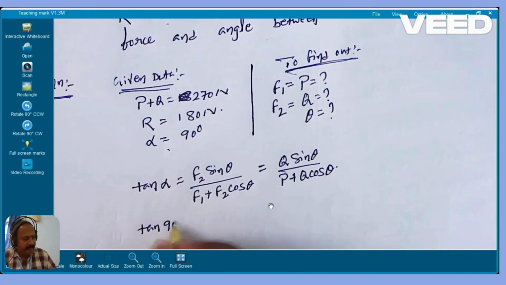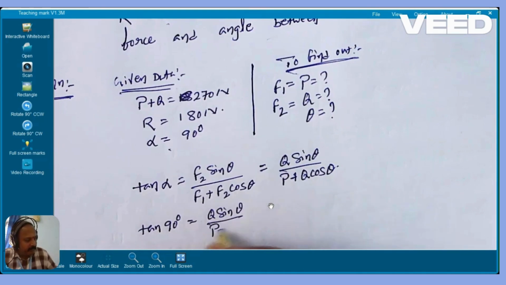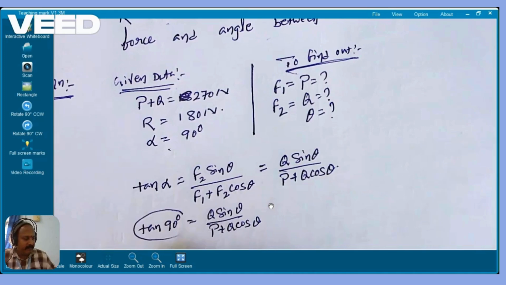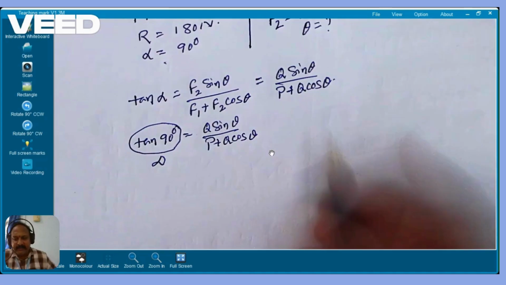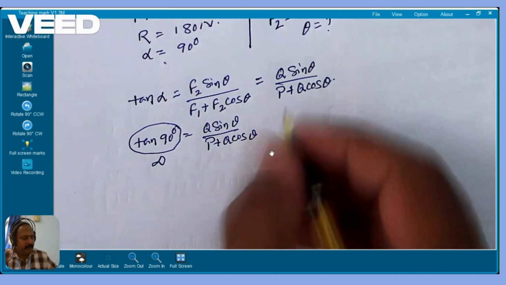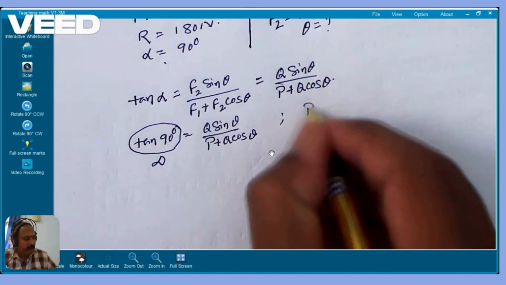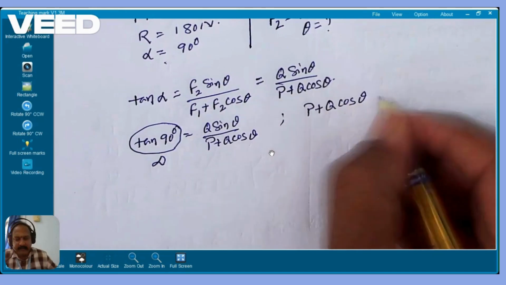So tan 90 degrees is equal to Q sin theta by P plus Q cos theta. And we all know that the value of tan 90 is infinity. So when tan 90 is infinity, this is only possible when P plus Q cos theta is equal to 0.